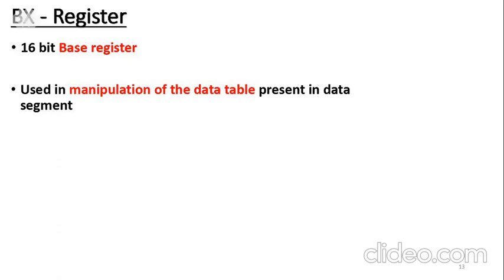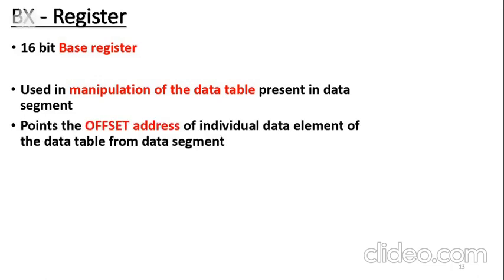This is just an example. In the manipulation of such a data table, which is already present in the data segment, the BX register is used to point to the corresponding offset address. So it is written here. It points the offset address of individual data element from that corresponding data table.